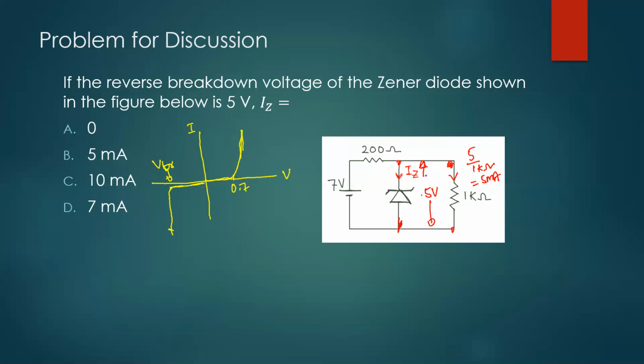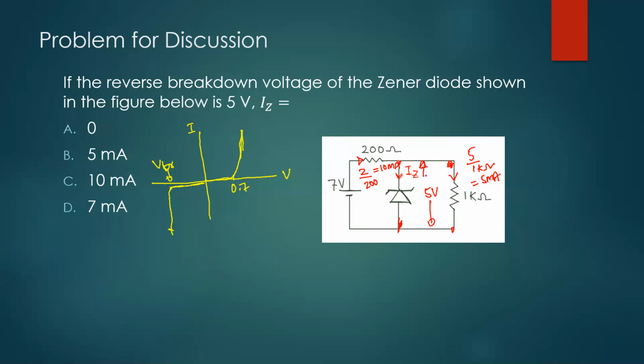Now, if you look at the Zener diode, 5 volts is getting dropped across the Zener diode, right? Now 2 volts is available for the 200 ohm resistor. So what will be the current here? 2 by 200, that is 10 milliamperes.